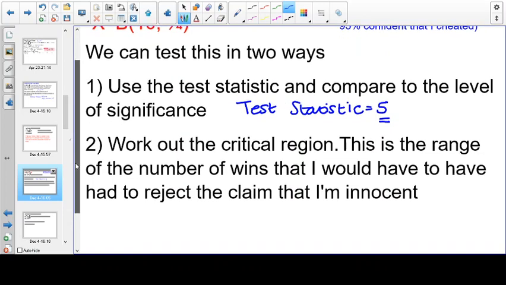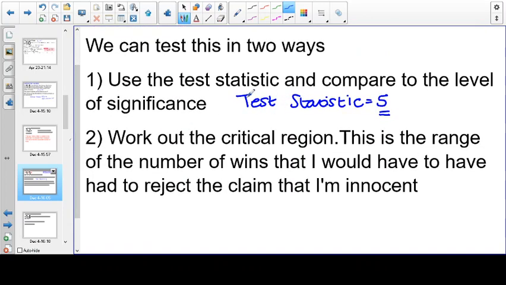The other option, if you don't get a test statistic, then they will ask you to work out a critical region. Now in this case, the critical region will be the smallest number of wins that I would have had to have done in order to conclude that I've cheated. Now it might be 5, that's what we've got to try and show.